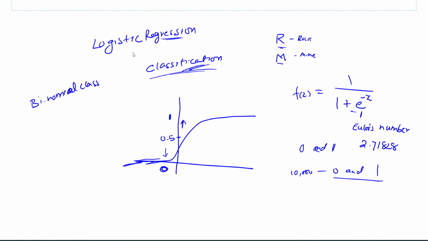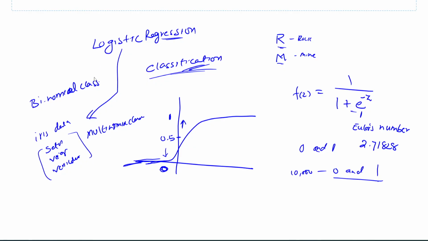But logistic regression can also be used for multi-class classification. For example, in the iris flower data set we have in sklearn, we have three classes: setosa, virginica, and versicolor. Three flower types. We can still use logistic regression, and that type of classification is called multinomial classification.